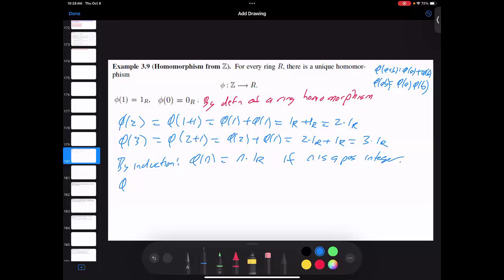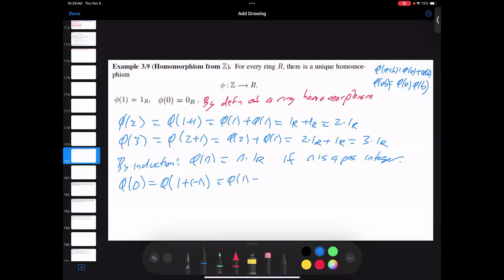Have we used all the givens? What have we not used? 0. So how should I write 0? 1 plus -1. Yep. So it's phi of 1 plus -1.